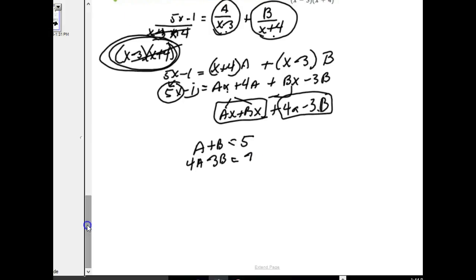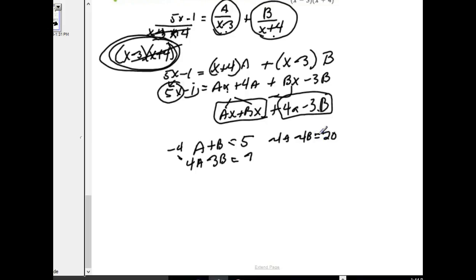Now, what we're going to do here is a system of equations. I'm going to multiply the top one by negative 4 so that these will be opposites of each other. When I do, I end up with negative 4a minus 4b equals negative 20.